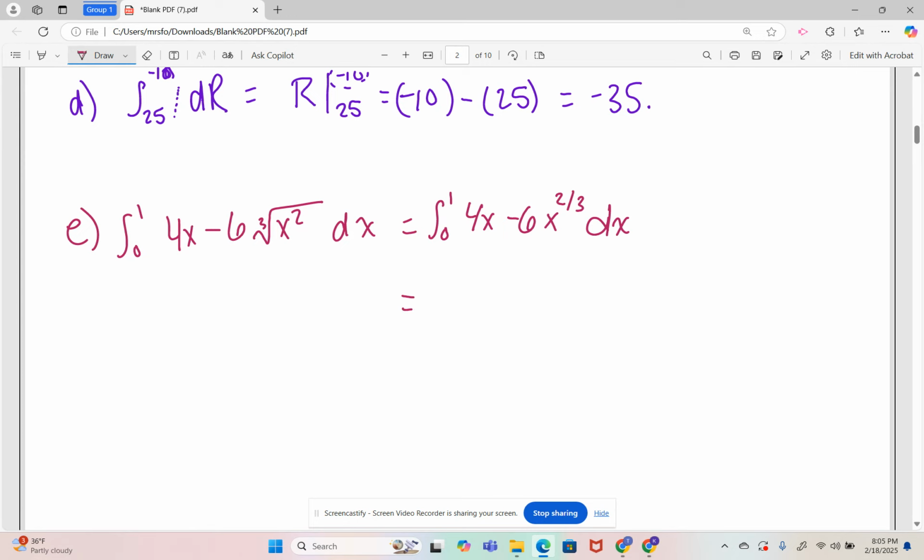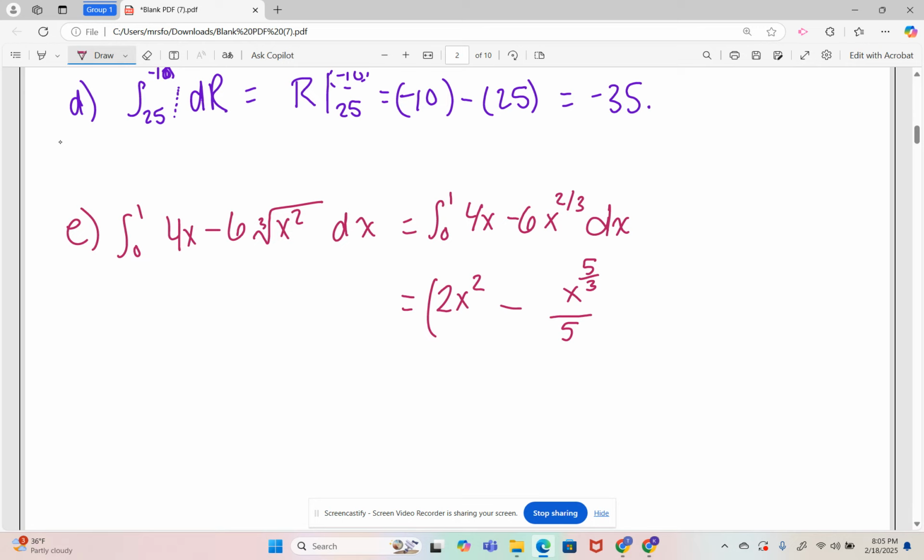Okay, so now find the antiderivative. 4x would be 4x squared divided by 2, so 2x squared. That minus 6x to the 2/3, that would become x to the 5/3, and then multiply by 3/5.